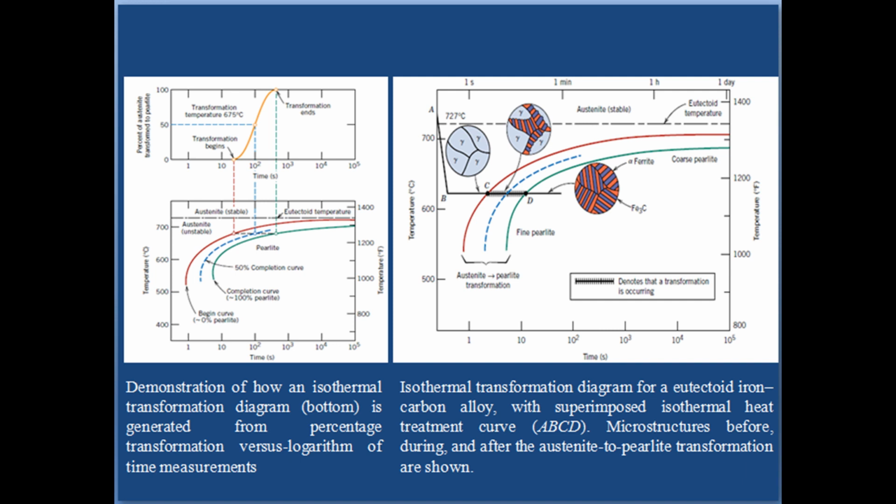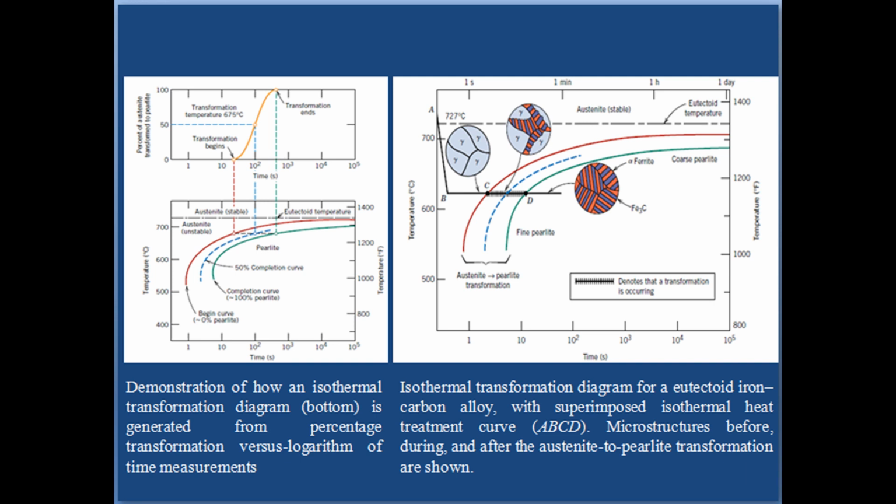To the left of the transformation start curve, only austenite is present, whereas to the right of the finish curve, only pearlite exists. In between, the austenite is in the process of transforming to pearlite, and thus both microconstituents are present.